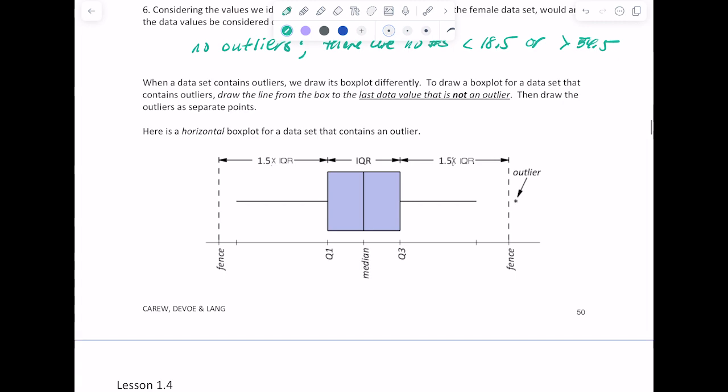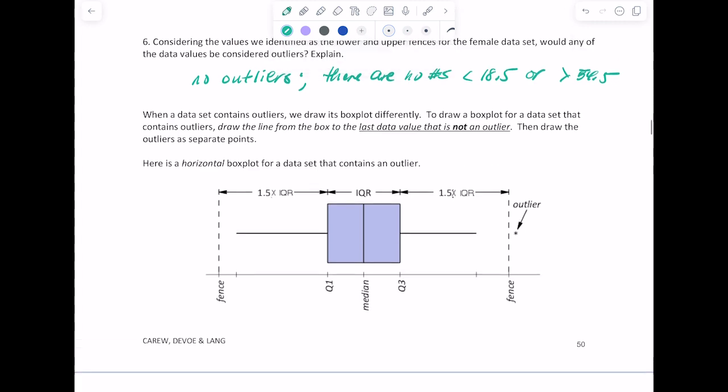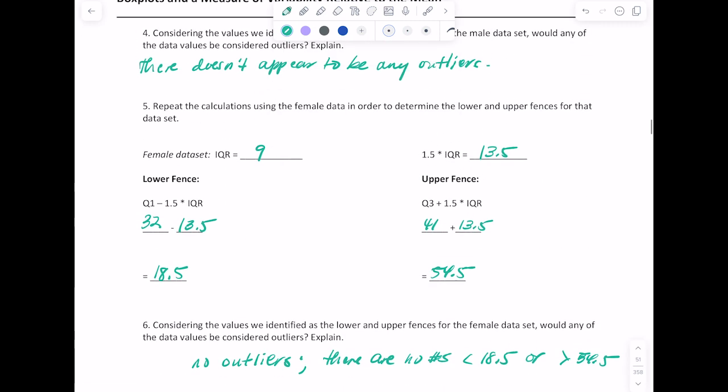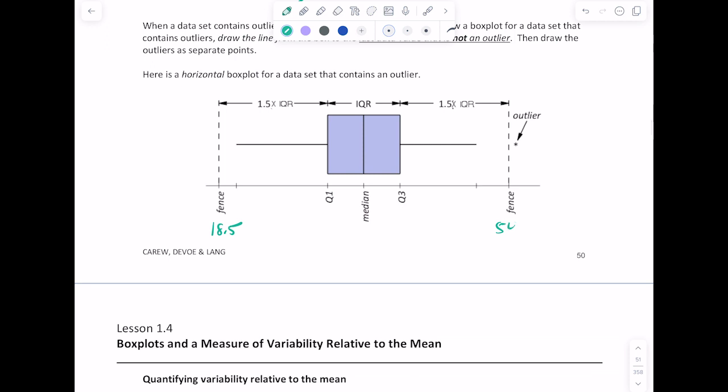If we're taking into account that last problem, the 18.5 would be a fence here, and the other number, 54.5, would be your other fence. As long as you don't have any numbers below 18.5 or above 54.5, then you don't have any outliers.